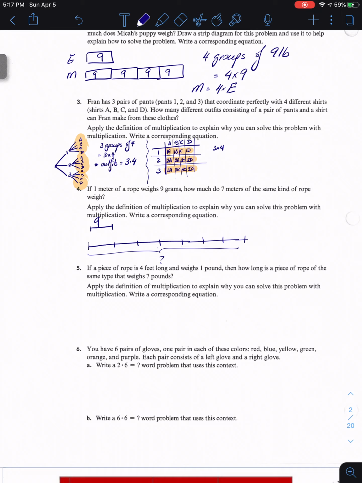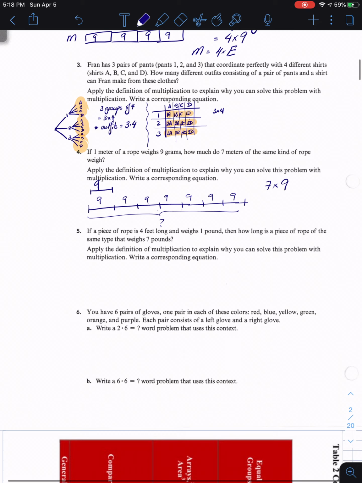So how much would those weigh? And do you agree that it would be 9 grams, another 9 grams, another 9 grams, and so on? So there would be 7 groups of 9 grams. So 7 meters at 9 grams per meter is going to be 7 groups of 9 grams each. So again, we can see this as a multiplication.